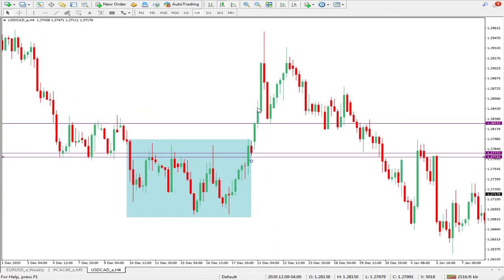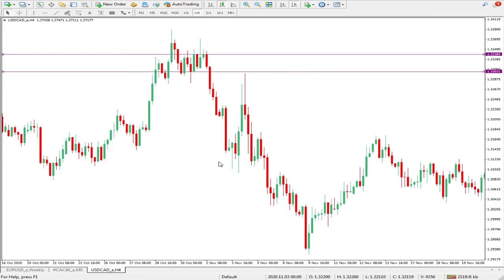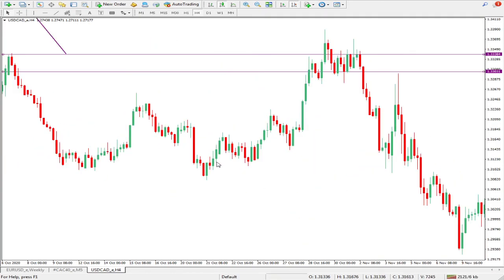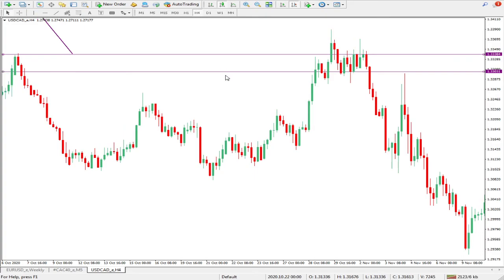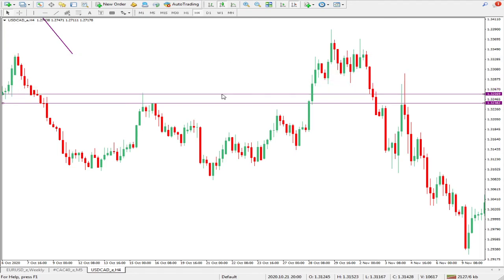So let's see if we can get another example. Okay, they may not be very many, but look at this here to tell you that they're there. Previously we had a resistance zone here. There is a breakout. The price continued up. It came back down, closed below it, tried retracing, it continued down, then it came back again.